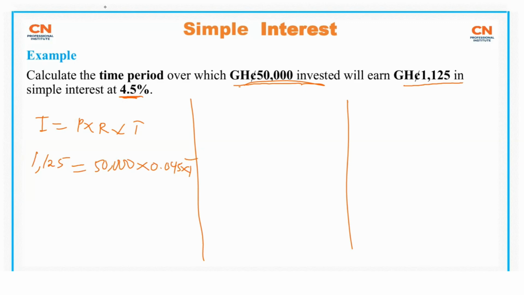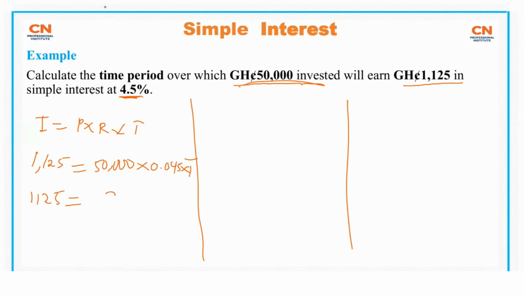That's the time. So I have 1125 is equal to 50,000 times 0.045.